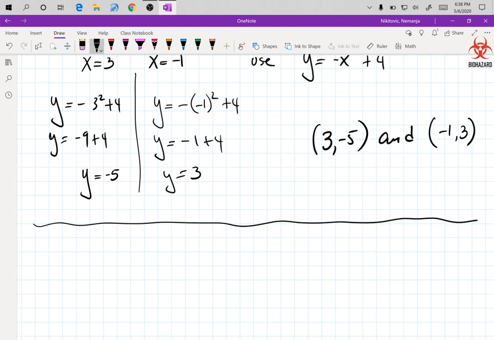Let's do another one because we want to see something that has a little bit more work. Trying to find the intersection of maybe a circle and ellipse.